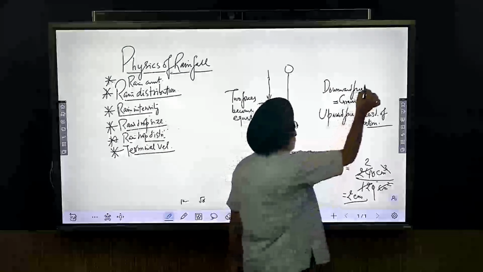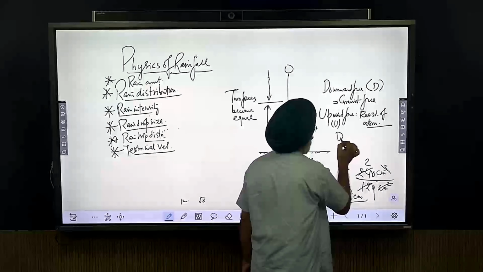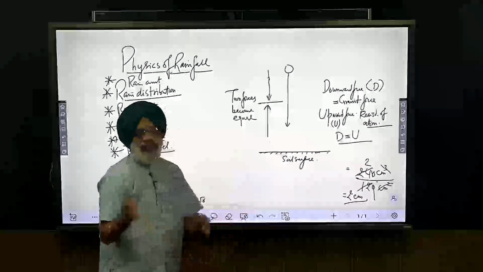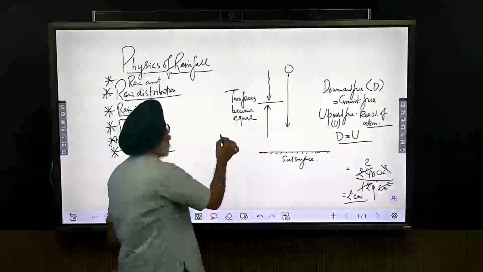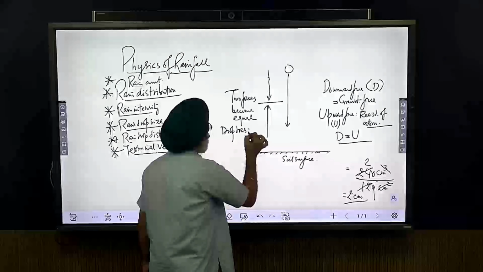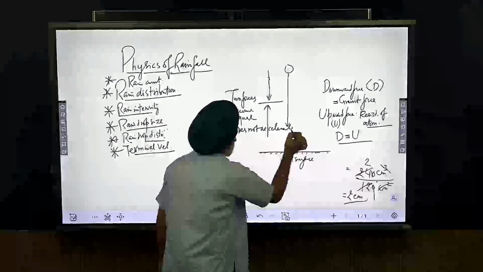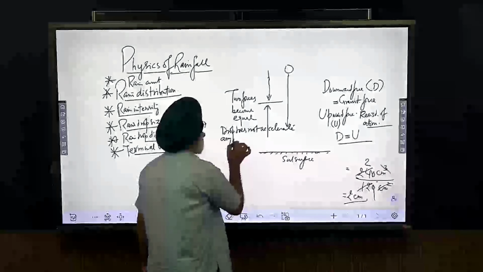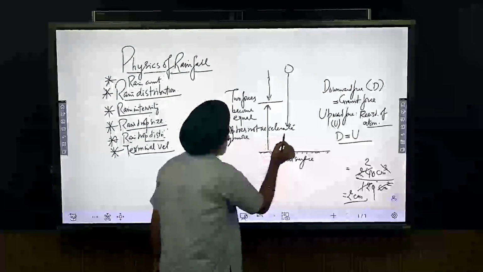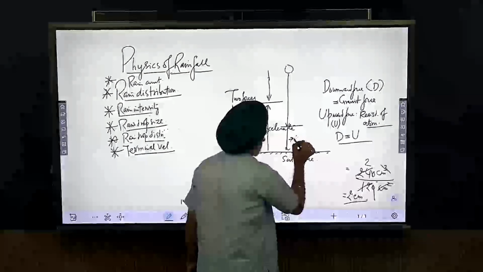If I say this is d and this is u, then when d becomes equal to u, the drop does not accelerate anymore, and if it does not accelerate anymore, it achieves a constant velocity.